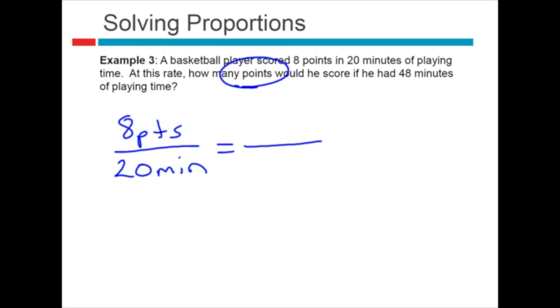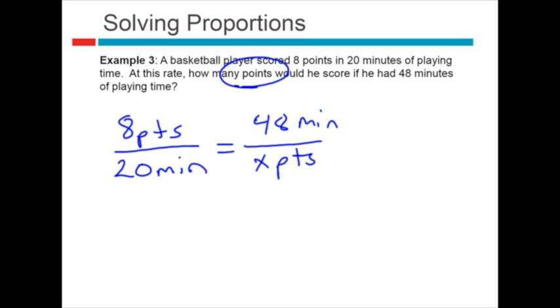And we know that there's 48 minutes. So maybe we could set it up as x points over 48 minutes. That's a possibility. Or maybe we could set it up as x points on the bottom and 48 minutes on the top.